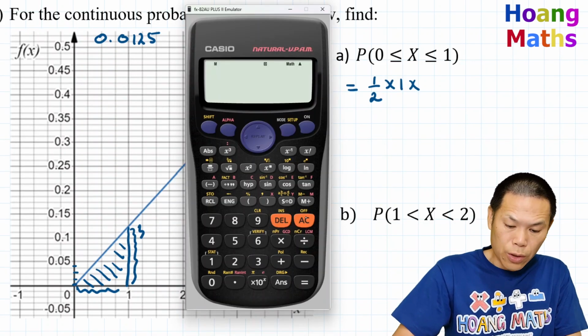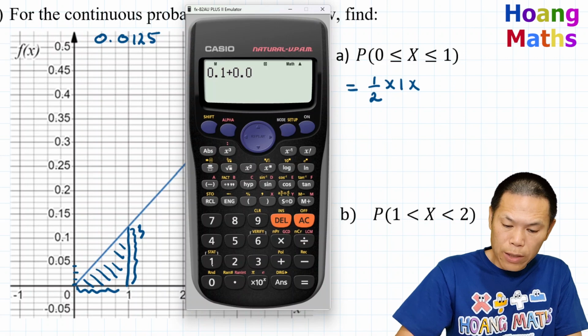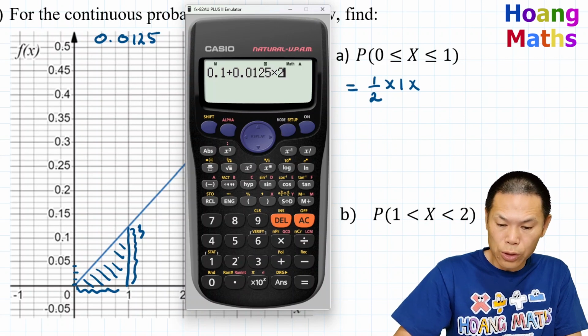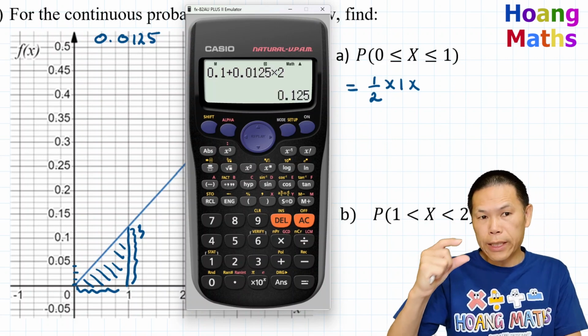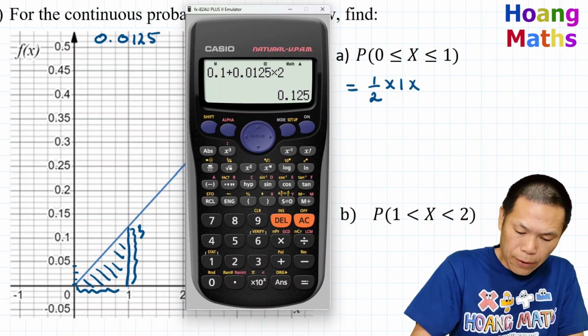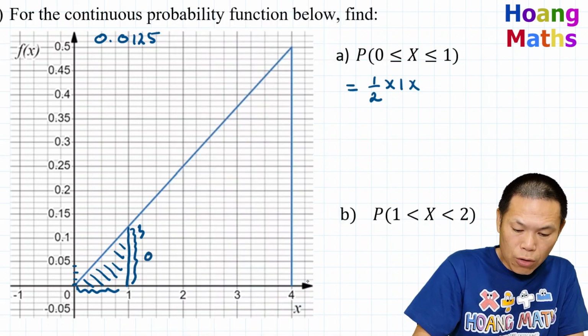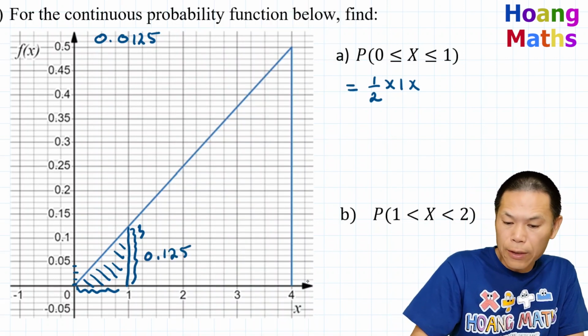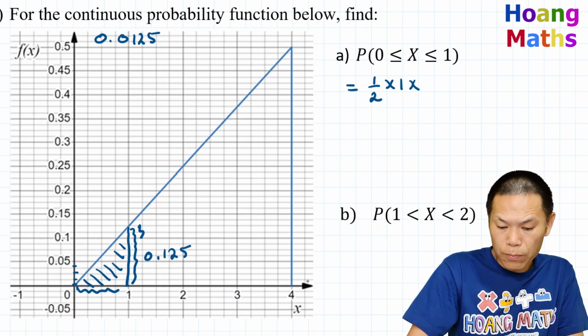So the height will be 0.1, and we add 2 gaps. So 0.1, we add 0.0125 times 2. There you go, the height is 0.125. So we times 0.125.